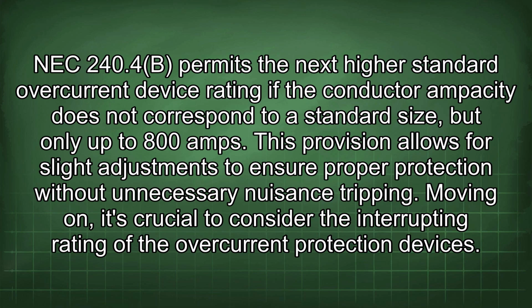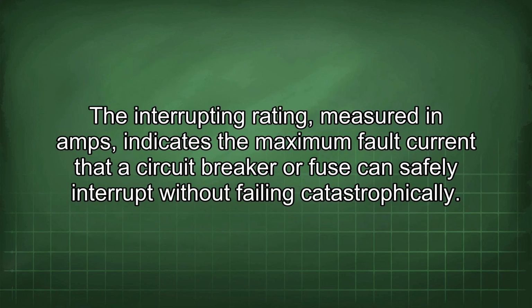Moving on, it's crucial to consider the interrupting rating of the overcurrent protection devices. The interrupting rating, measured in amps, indicates the maximum fault current that a circuit breaker or fuse can safely interrupt without failing catastrophically.